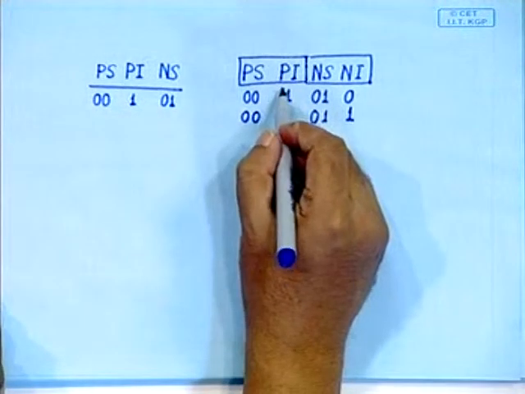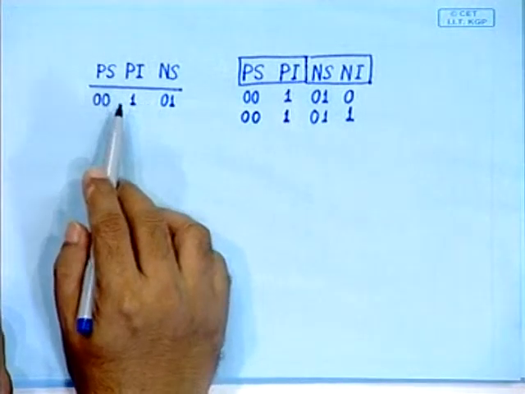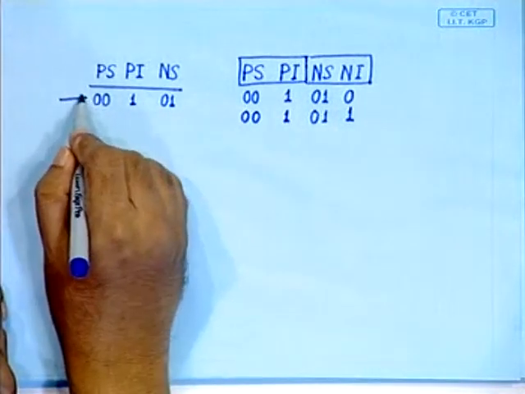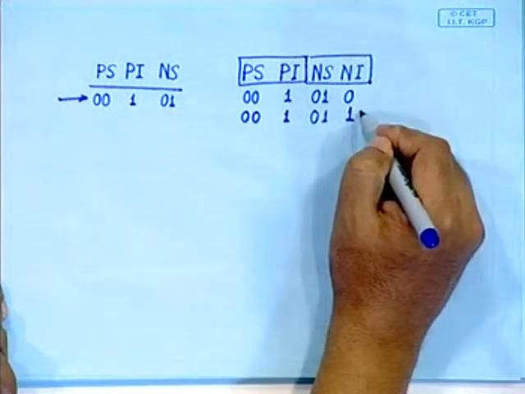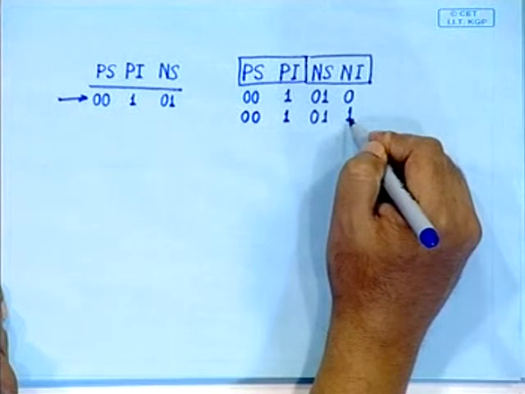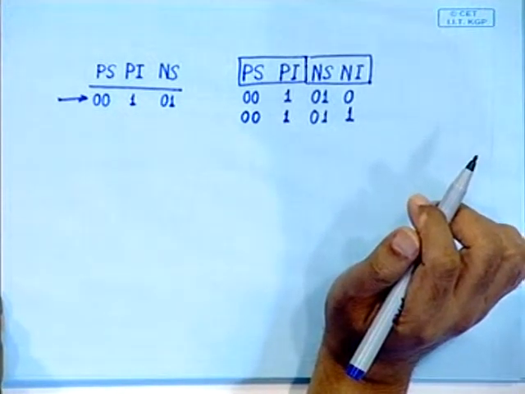Now, if you look at this, so did you see what happened? We basically, this entry in the traditional truth table got split up into 2 entries because the next input is not known. So, it could be 0 or 1, right.